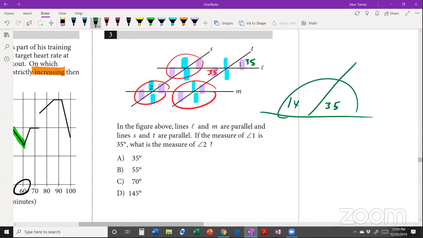So this one here has to be 145. And so if this is 145, that goes for any of the blue angles. So when we look at angle 2, it's one of the blue ones, so it's 145. So when you have 2 pairs of parallel lines, that creates kind of like a number symbol there. You can look at the fingerprint of every intersection, which should be identical.